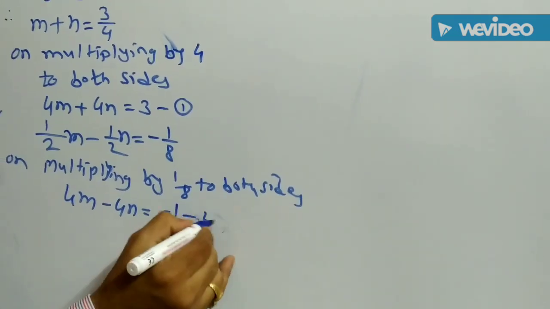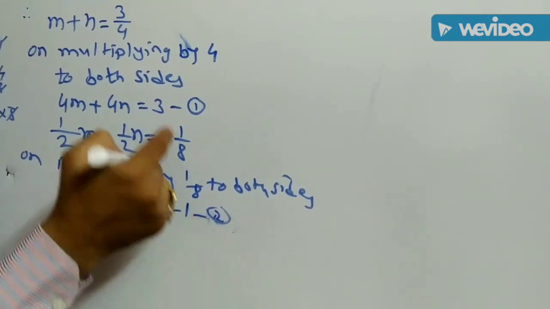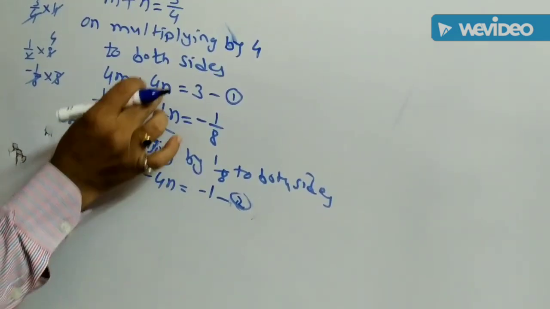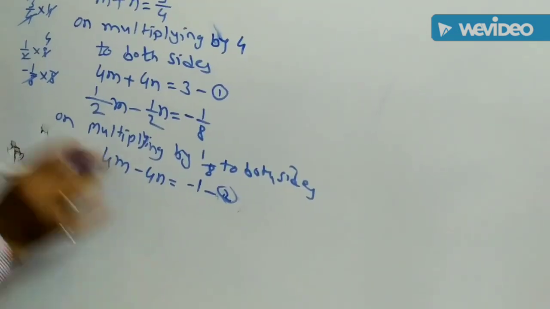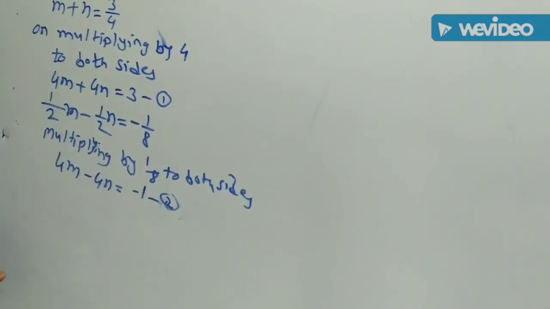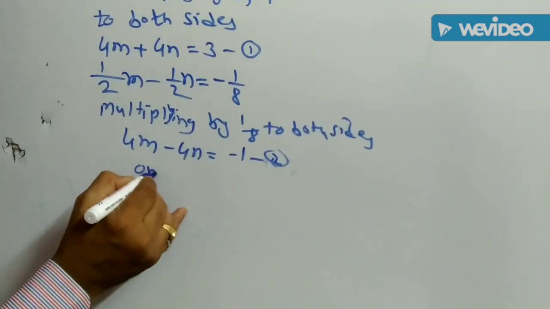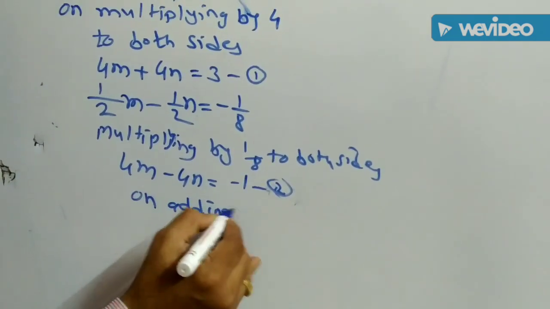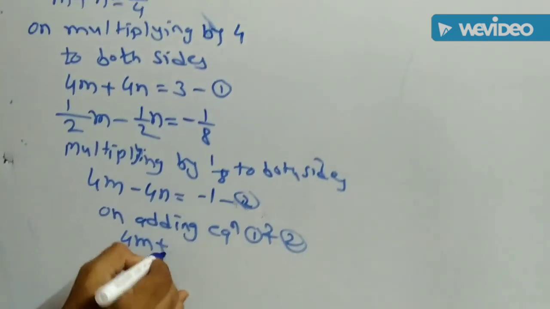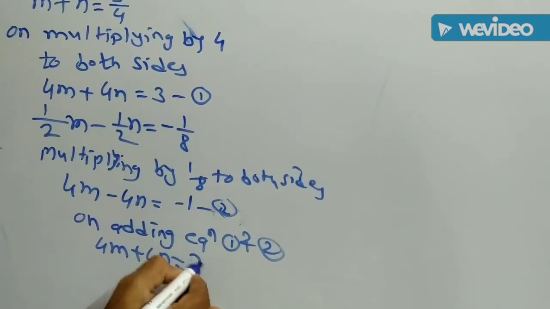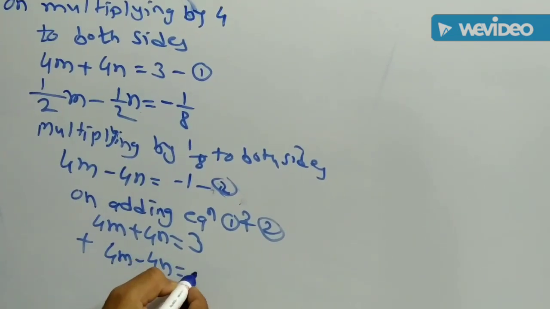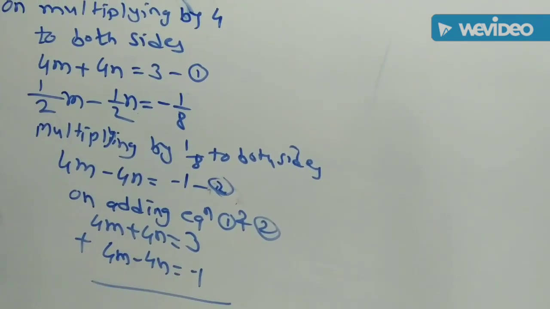Equation number 2. Now, if we see equations 1 and 2, both 4n and minus 4n have the same coefficients, and the signs are different. Therefore, on adding equations 1 and 2, we get 4m plus 4n is equal to 3, plus 4m minus 4n is equal to minus 1.